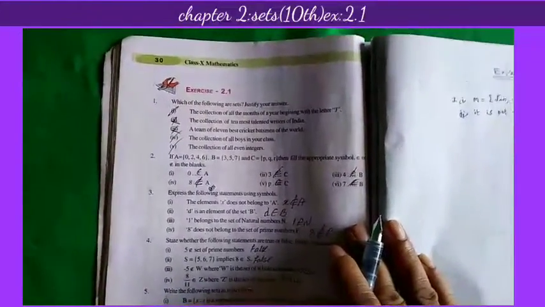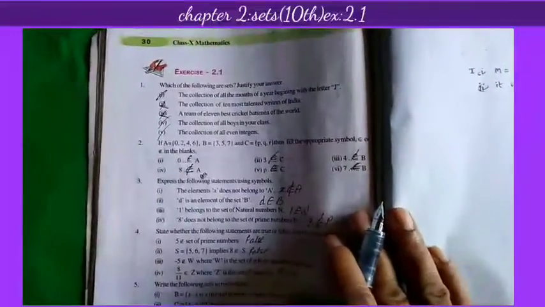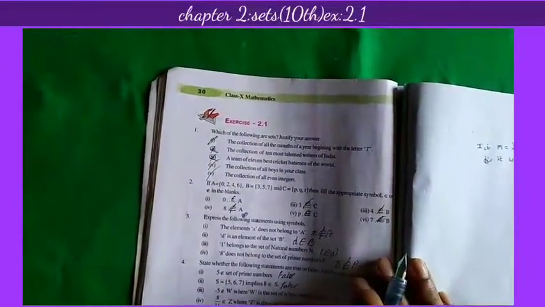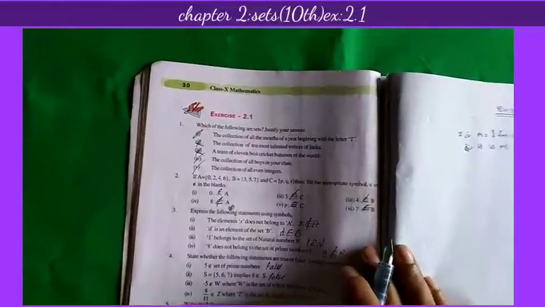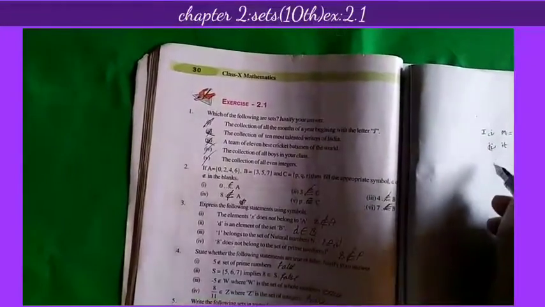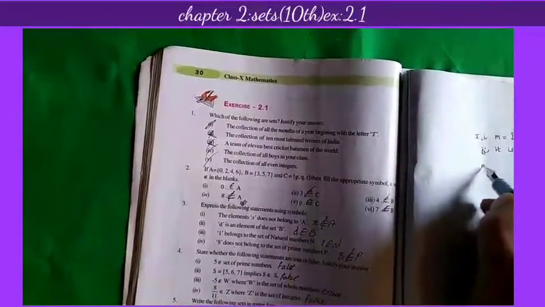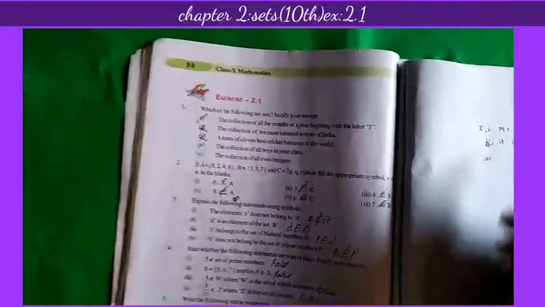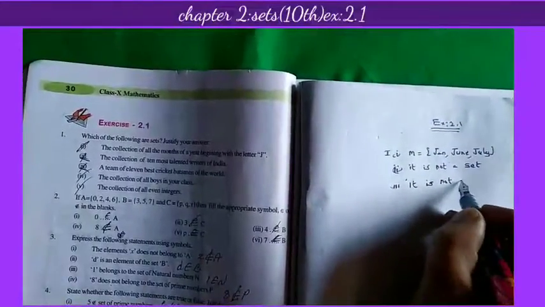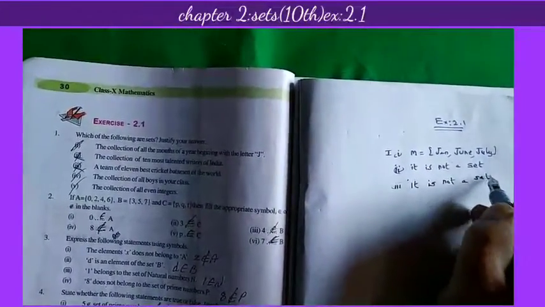Someone else writes his own best. Various persons have their own best cricket batsmen, their own feeling. So it is not accurately defined. So I write it is not a set.